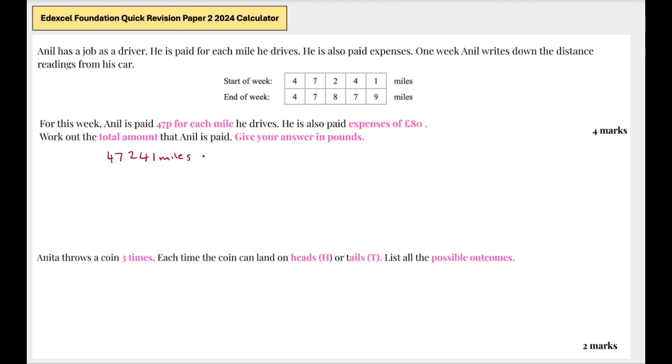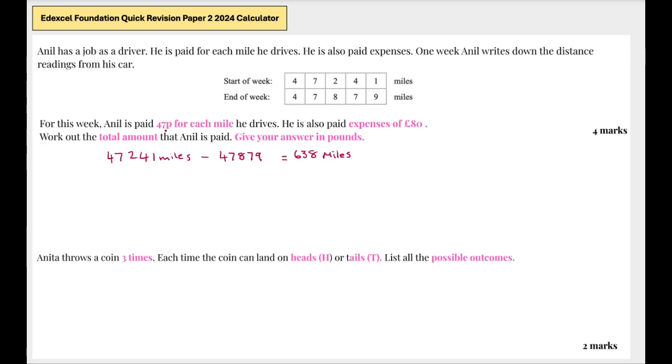And the end of the week, so we're going to subtract 4,7879, which gives us 638 miles. These are individual numbers, by the way, guys. Read it across, like that way. So we have 638 miles.